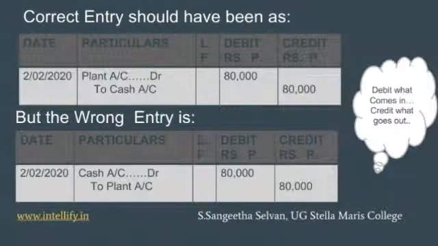As all of us know, plant and cash both are real accounts. The real account golden rule is debit what comes in, credit what goes out. But here we have overdone the rule. That is, we have crossed the rule and we have interchanged the accounts and we have done the wrong entry here. We have done it as cash account debtor to plant account.